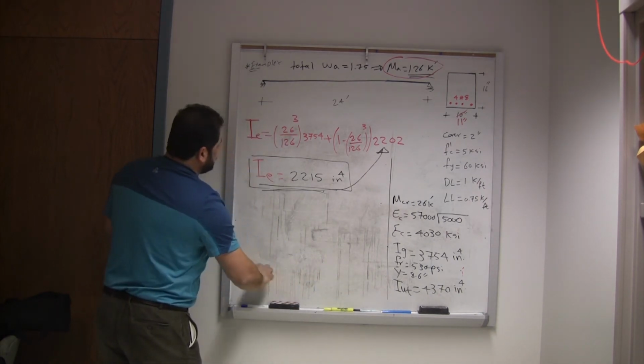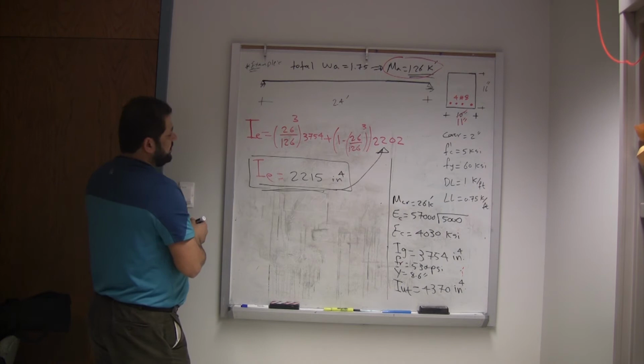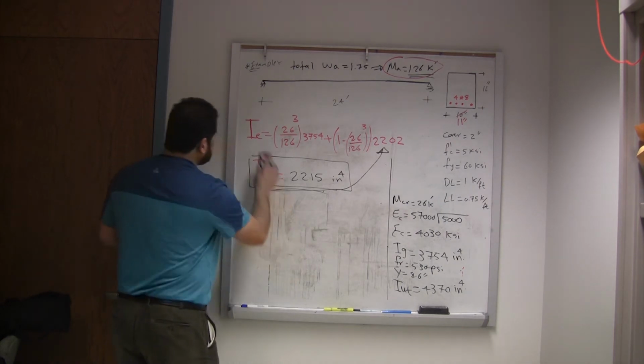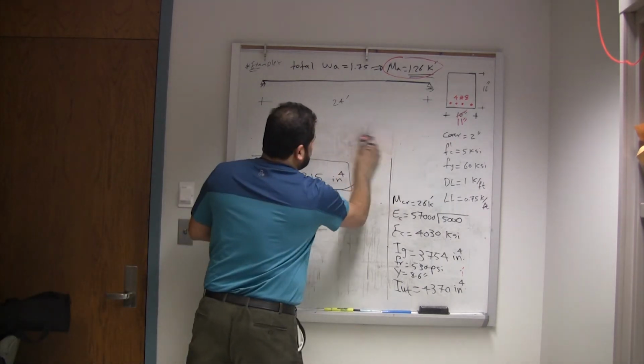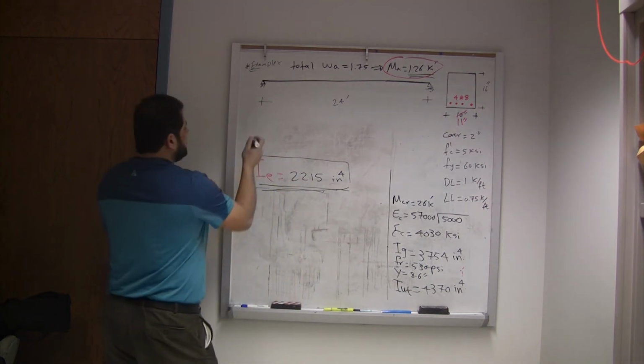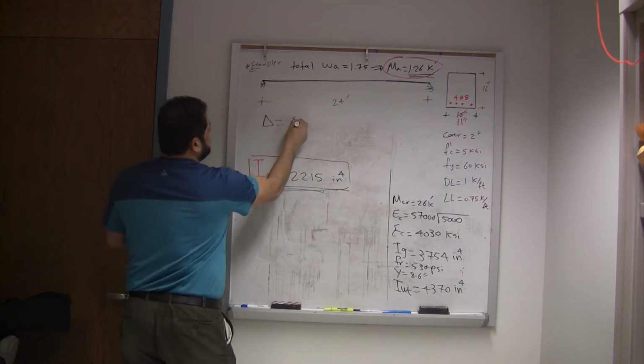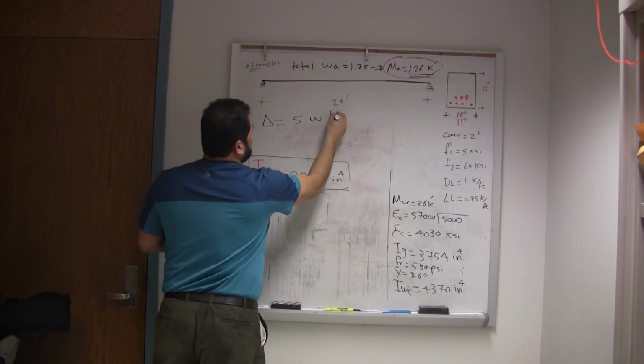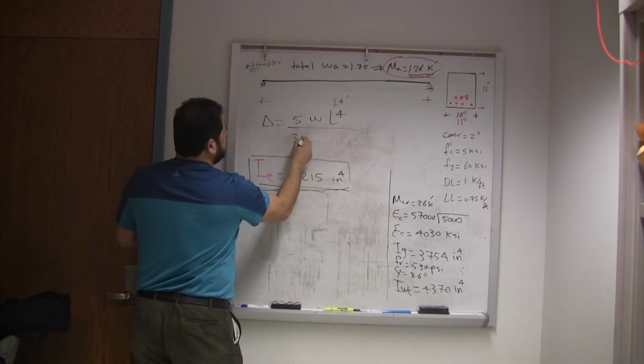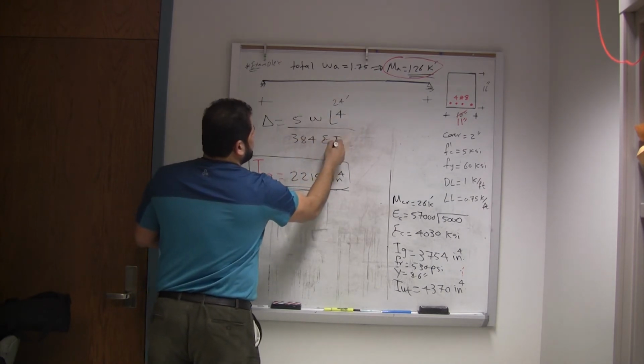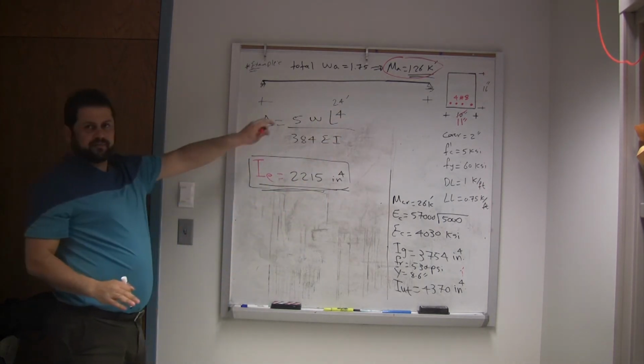Now we are ready to calculate the deflection. We said delta equals 5 W L to the fourth over 384 E I. That's easy, just straightforward, just plug in numbers.